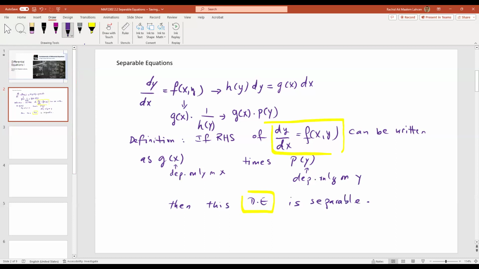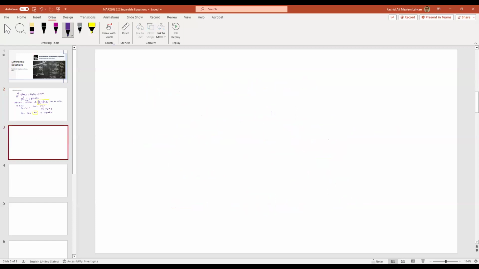So you're going to, of course, ask, give me a quick example. Here it is. Quick example. And we're going to see examples where they may not look separable, but they are. So it is just a quick thing.